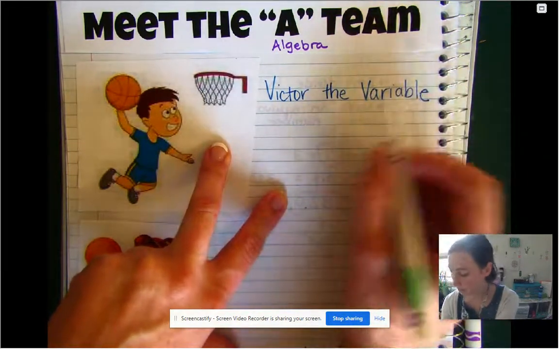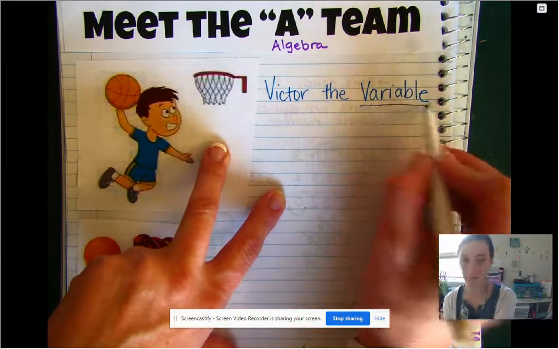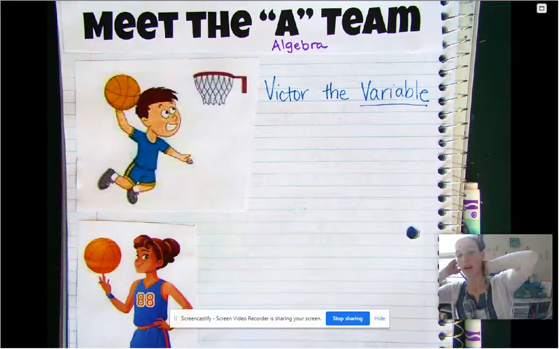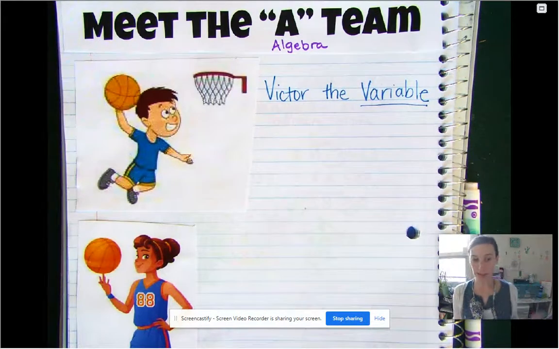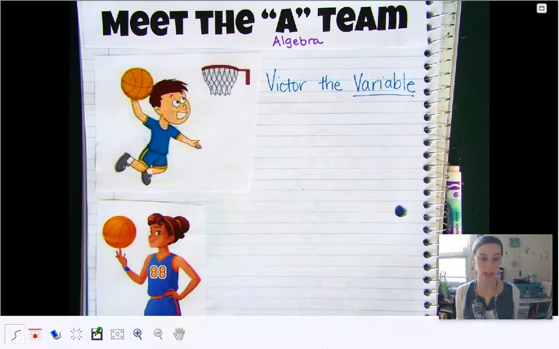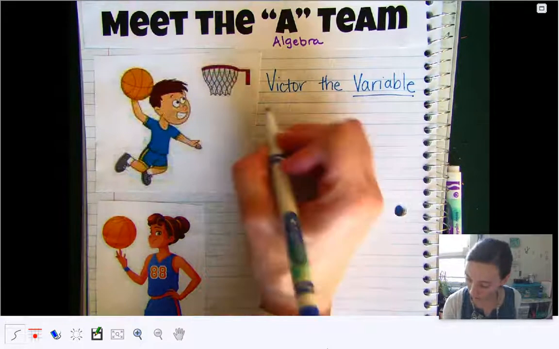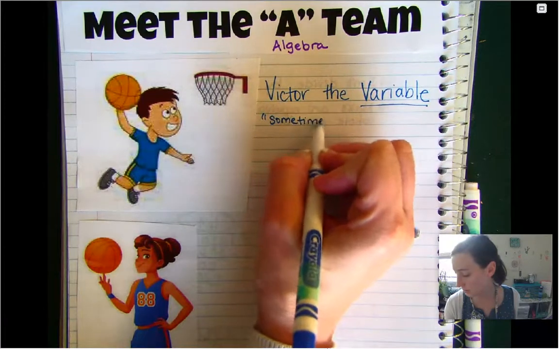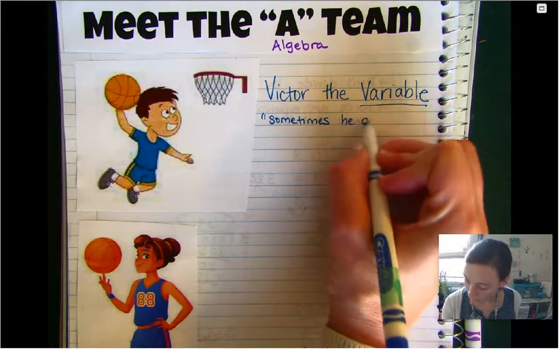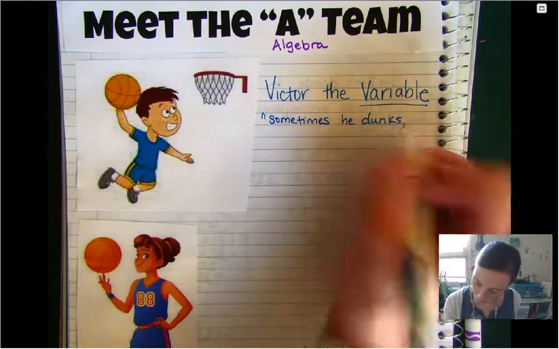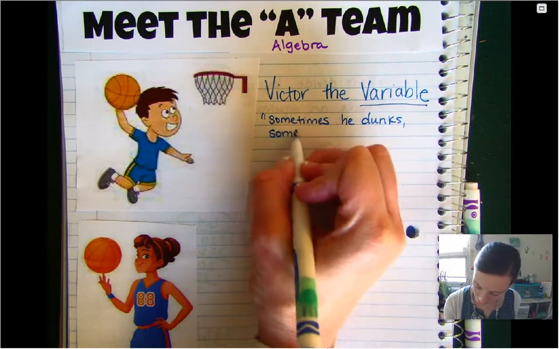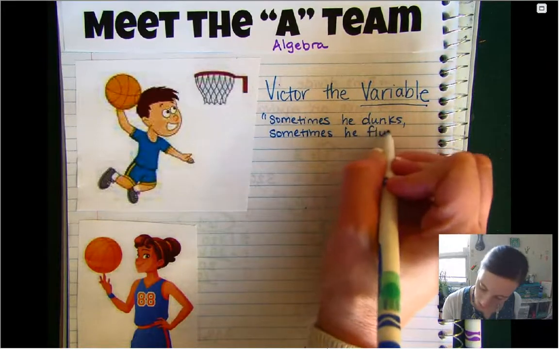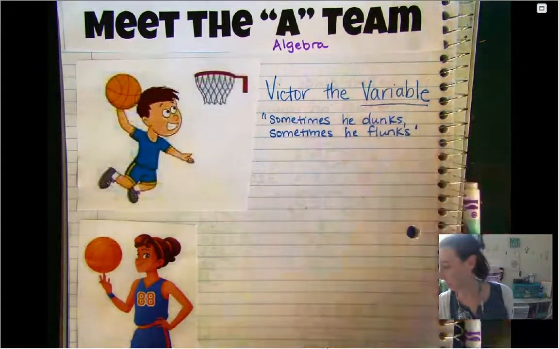If you hear the word variable, variable means it can change. And so in an algebraic expression, our variable is something that can change, that we don't know what it is. So we have a slogan for each one of these. Sometimes he dunks, sometimes he flunks. And we say that because we want to remember that he is unpredictable.